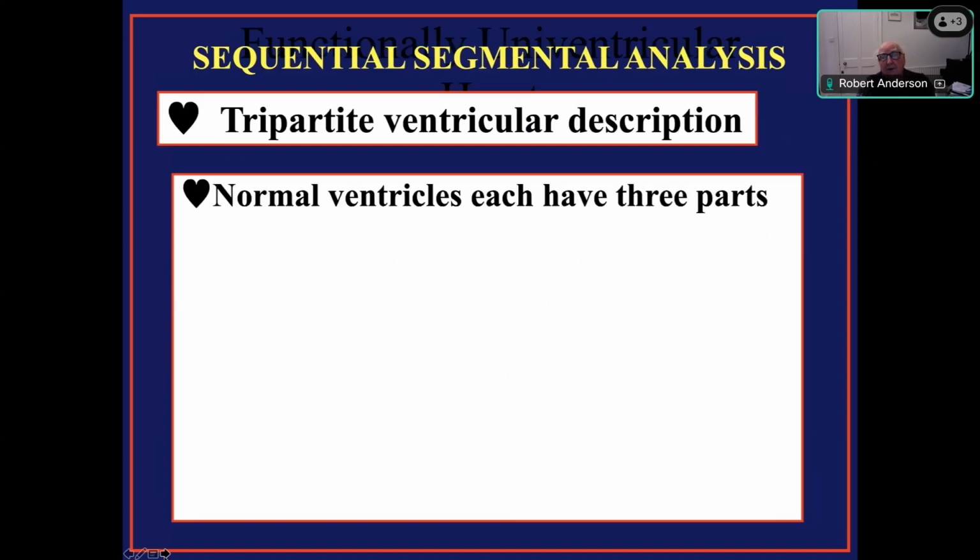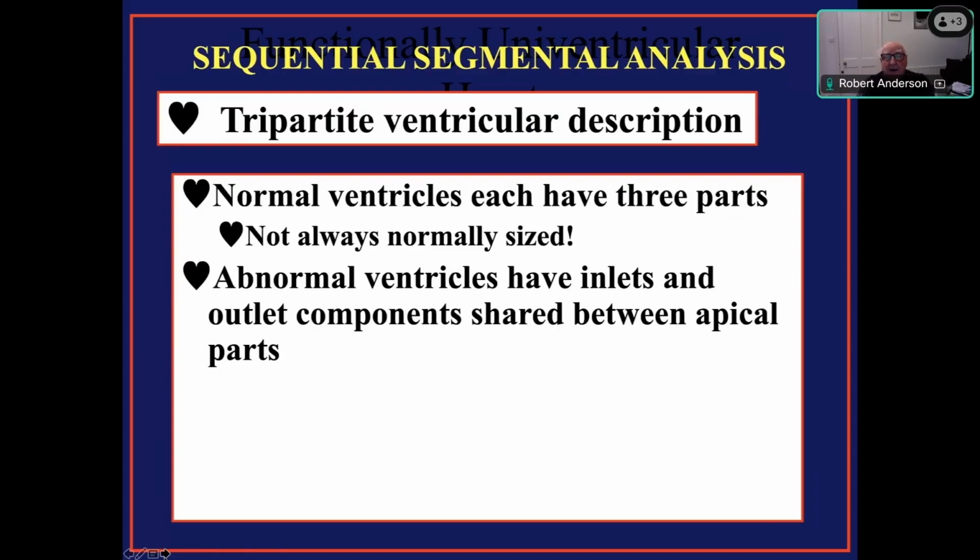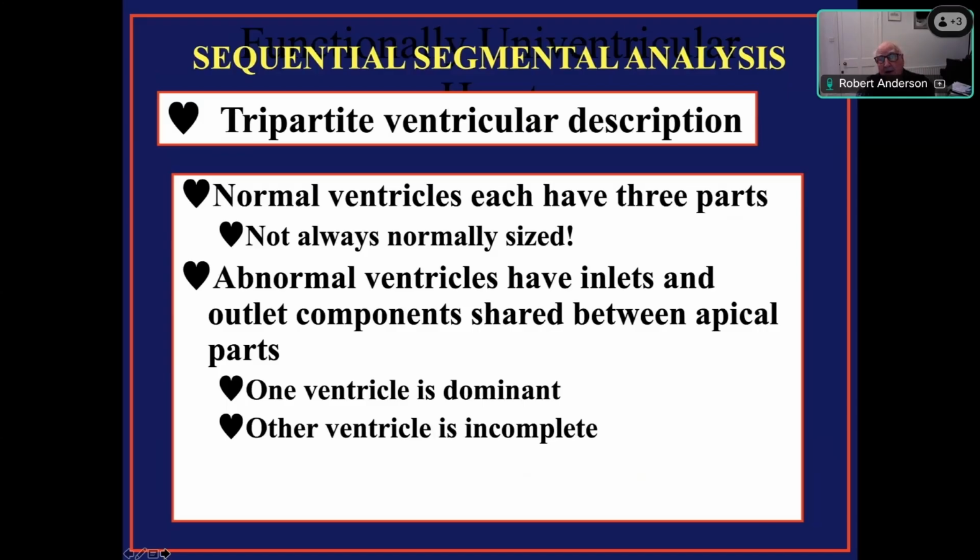And we also know that normal ventricles possess each of those three parts, but they're not always of normal size. Abnormal ventricles, in contrast, have the inlet and outlet components shared between them. And that means that one ventricle becomes dominant, the other ventricle is not only hypoplastic, but is incomplete.